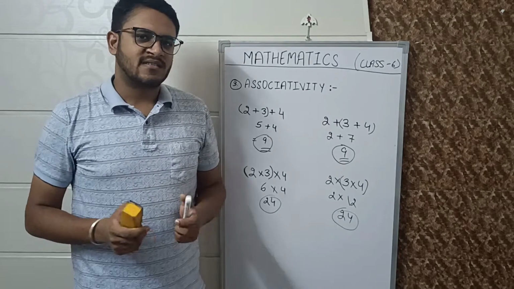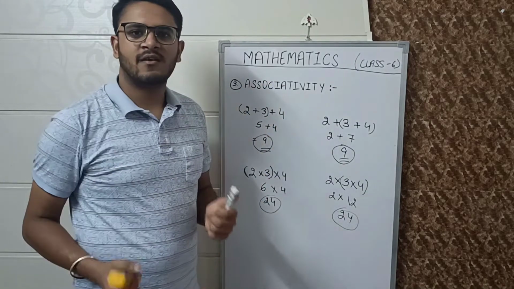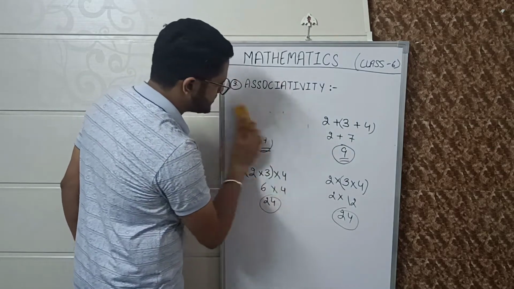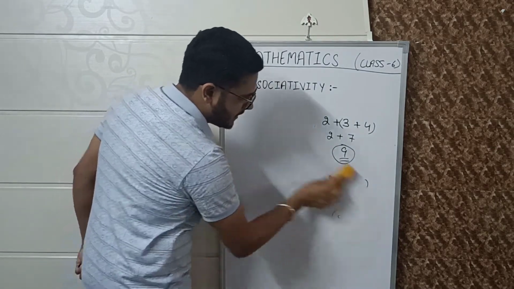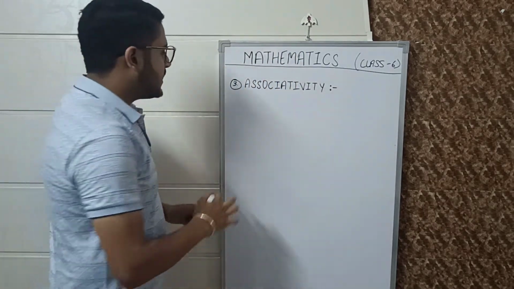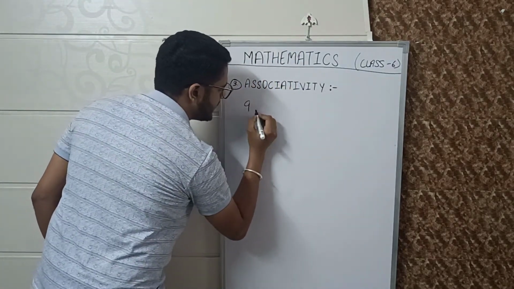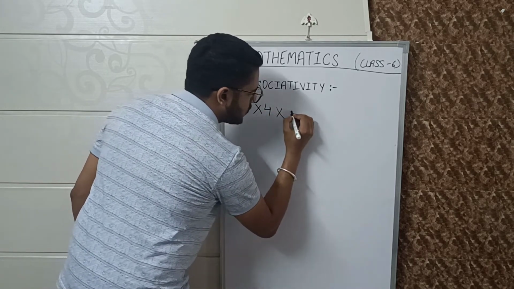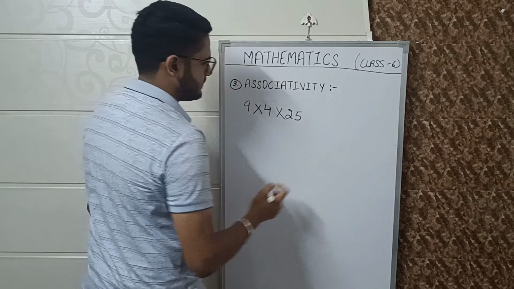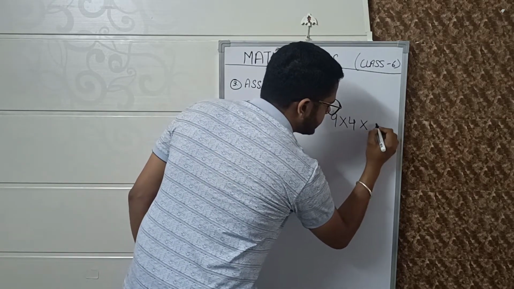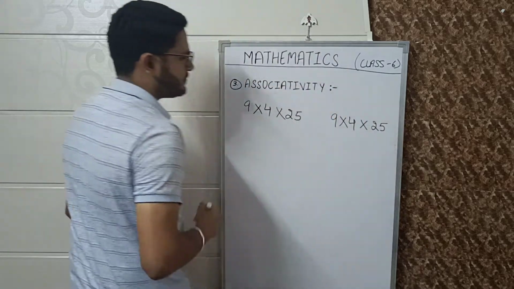Now let's try to understand how associativity helps us. Let me first erase this and let's take another example. Let's multiply 9 into 4 into 25.